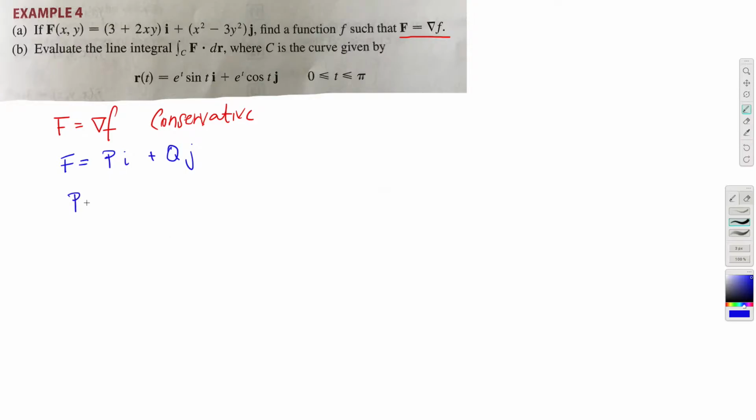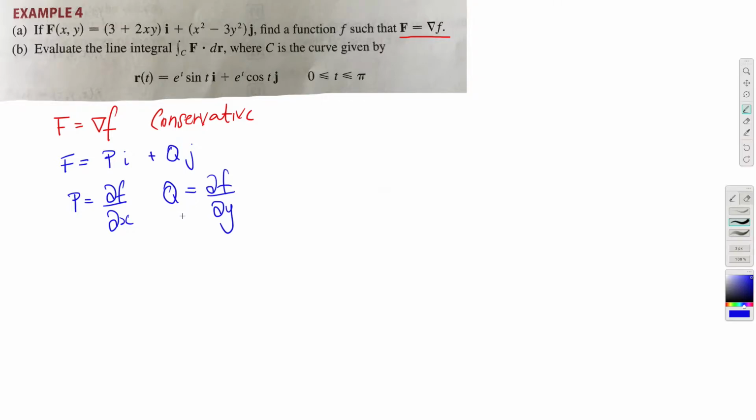So this is just telling us that P equals the derivative of f with respect to x, because i is the x component, and Q is the derivative of f with respect to y because j is the y component. So if this is conservative, these things are true.